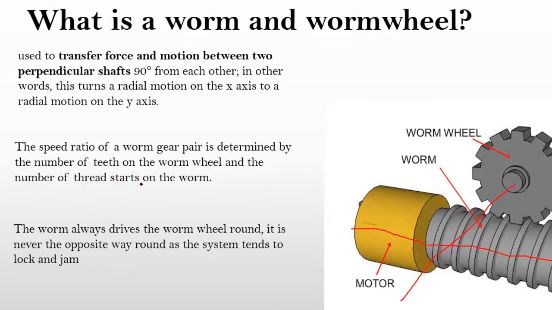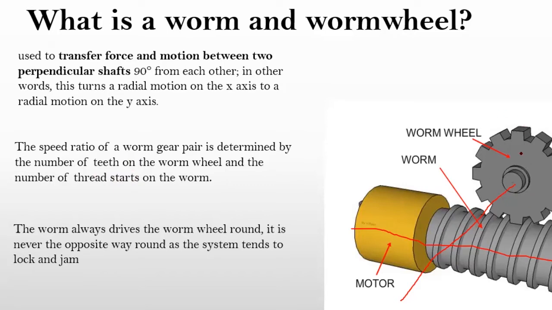We are not talking about teeth on the worm; we are talking about thread starts. I will explain what these thread starts mean. In a worm gear drive, we use this special term, starts, instead of teeth.